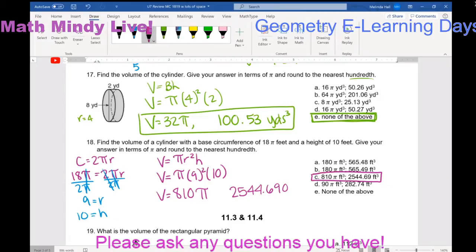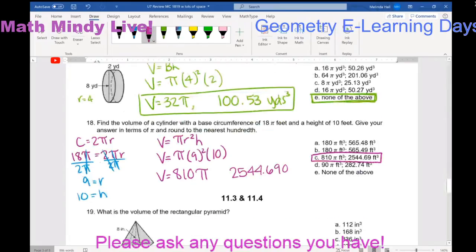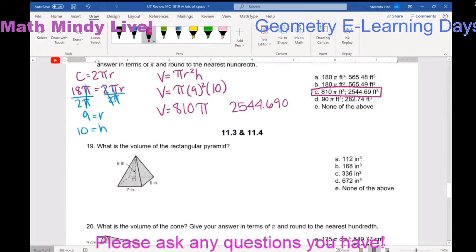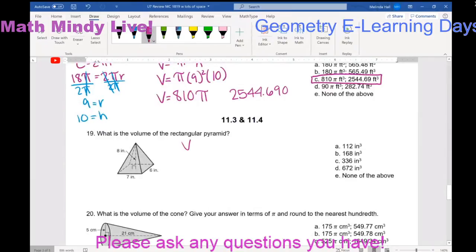Okay. So then looking at the pyramids, remember the formula for these is that your volume is your base area times height divided by 3. Looking at this base, it is 7 times 6, so that base area would be 42.